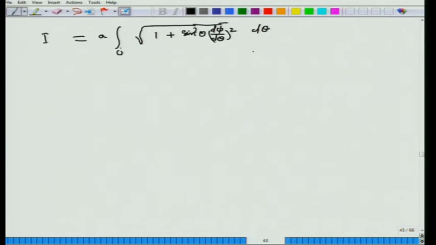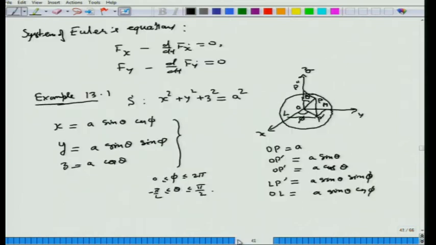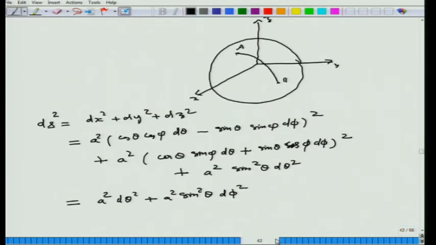Here we treat phi as a function of theta, because this surface is described by these parameters theta and phi. So, a curve on this surface will be a function of one of the variables, either phi as a function of theta or theta as a function of phi.